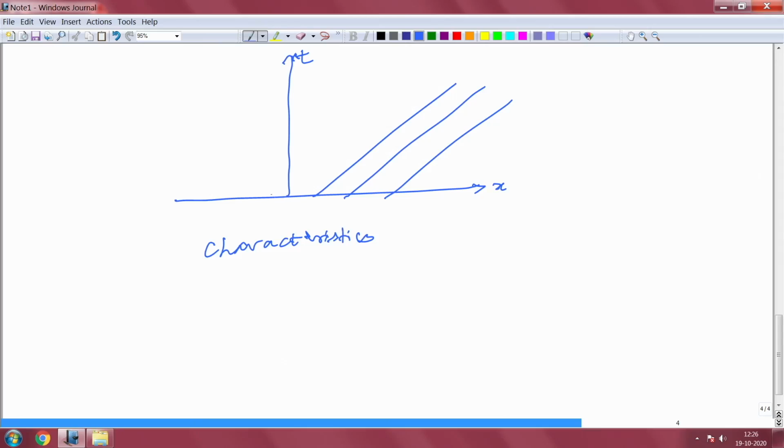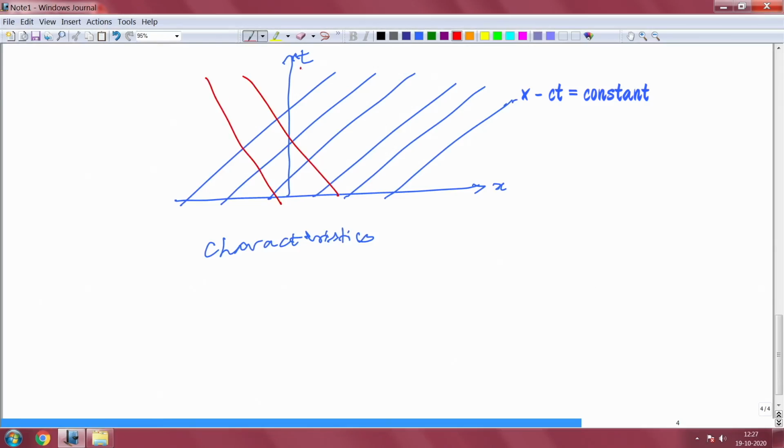This is x minus c t equal to constants, one family of characteristics, and another family, let me use a different color, is x plus c t equal to constant.